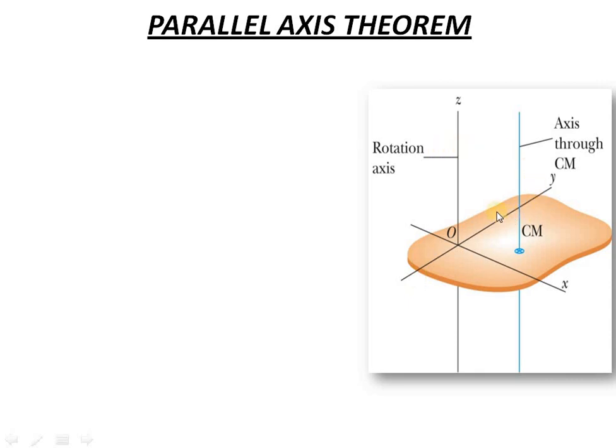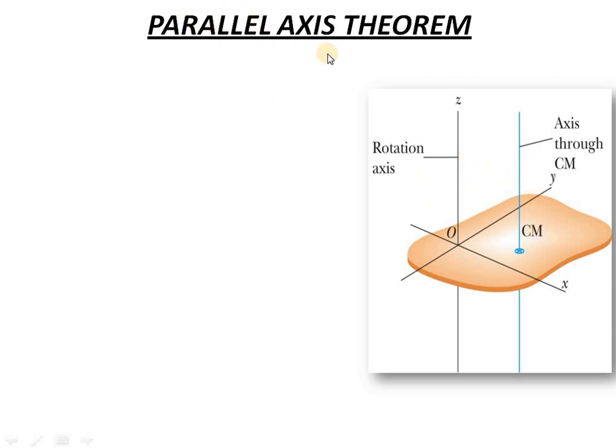In both rotations, there will be some moment of inertia. This theorem relates the moment of inertia about the center of mass axis and the moment of inertia about the z-axis, an arbitrary axis at some distance from the center of mass axis, and they are parallel.